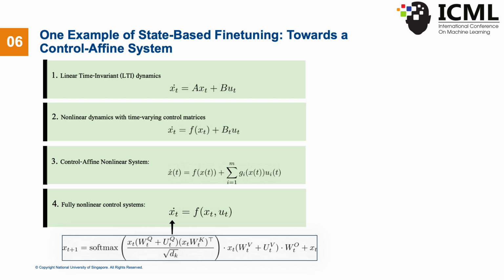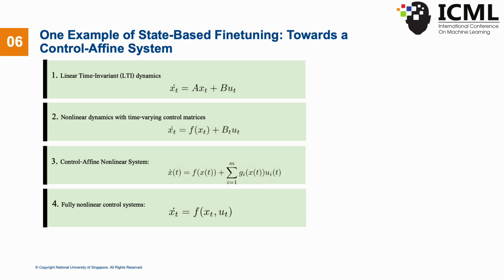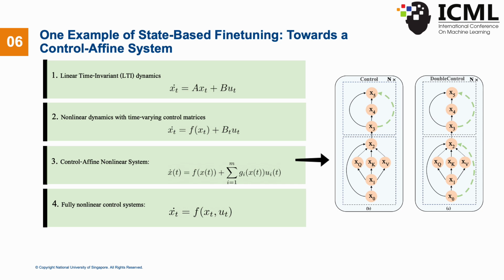Although it makes the tuning much easier, theoretical analysis often becomes extremely difficult. This is because of the nonlinear nature of the control system. So in this paper, what we propose is that maybe we can stop at the control affine system. So we want to make the control system decoupled from the original system.